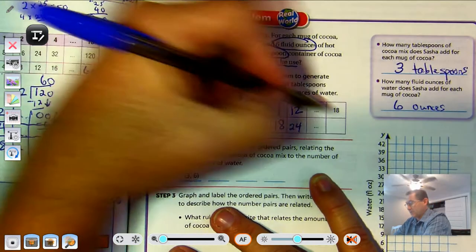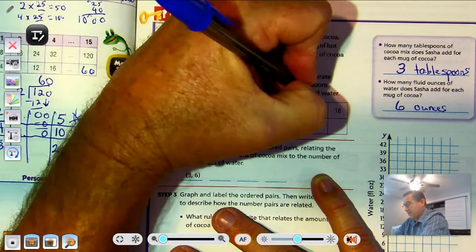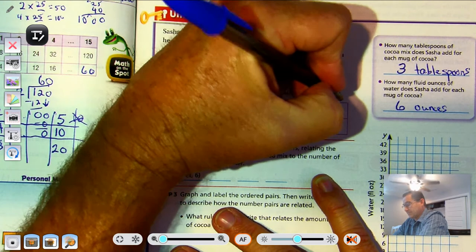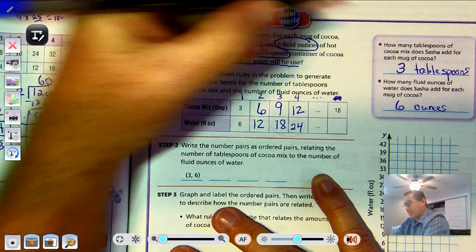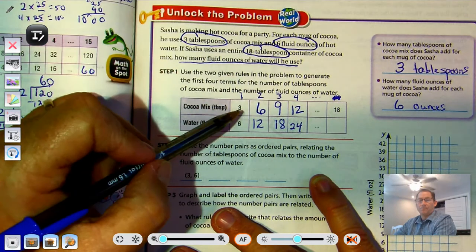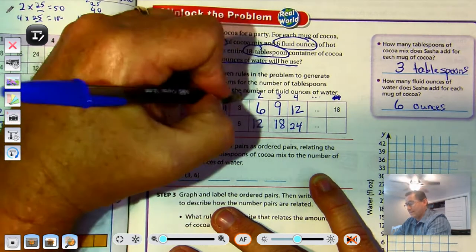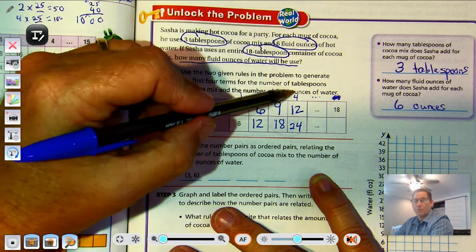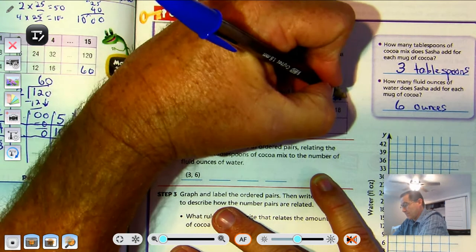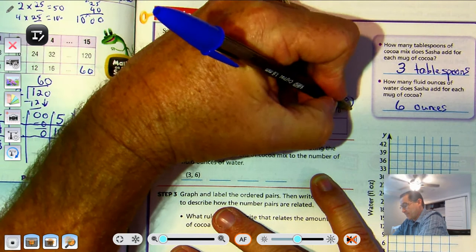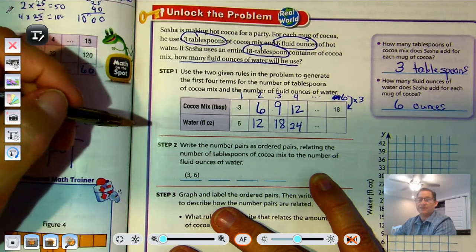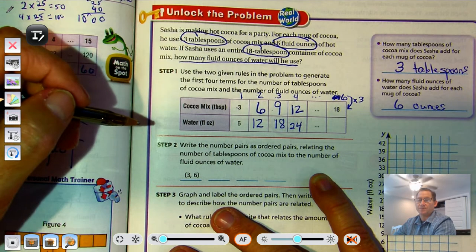So basically, we start to notice a pattern here. 1 times 3, 2 times 3, 3 times 3, 4 times 3. So if we take the number of mugs and multiply by 3, that tells us how much cocoa mix we're going to use.